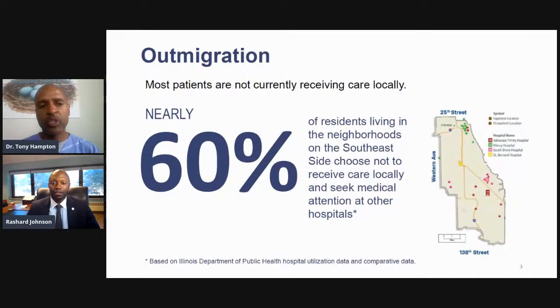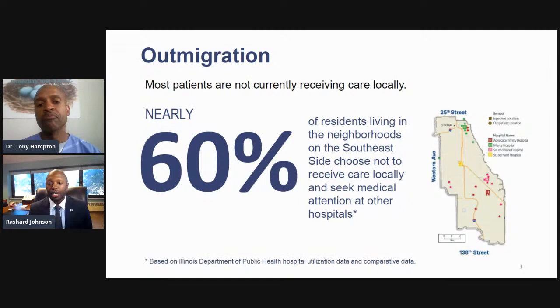So tell me a little bit about what is meant by out migration, so our listeners can understand that. So out migration just speaks to access to care or lack thereof, and as I like to really dive into it, I think it goes beyond that. I think there's a trust factor that's there.